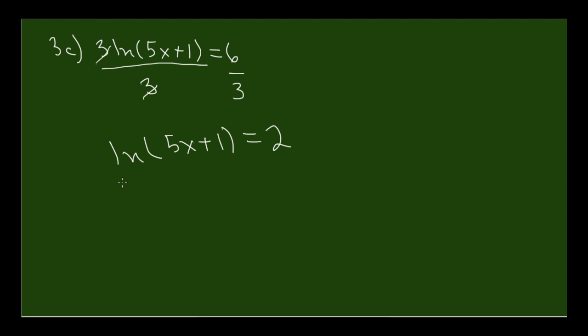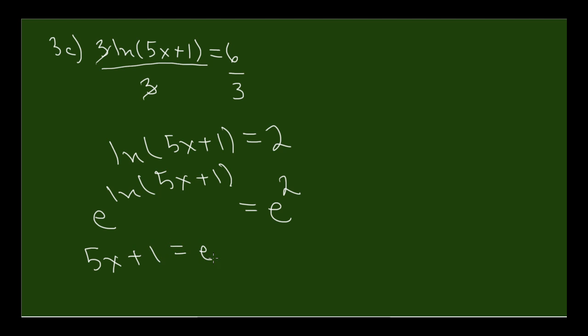Now, we can do the inverse operation of the logarithm, which is e to the natural logarithm of 5x plus 1 is equal to e squared. This drops out the logarithm, so we have 5x plus 1 is equal to e squared. We subtract 1 from both sides. This yields 5x is equal to e squared minus 1.